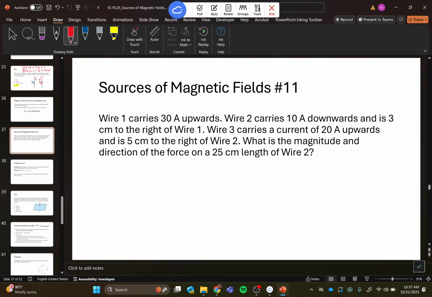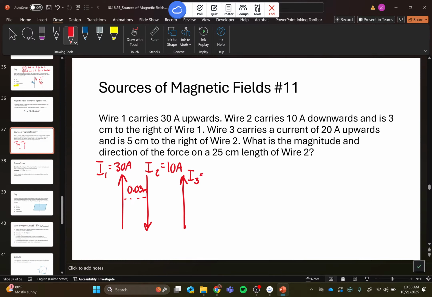Wire 1 carries 30 amps upward. Great, there's wire 1. It carries 30 amps upward. Wire 2 carries 10 amps downwards and is 3 centimeters, 0.03 meters, to the right of wire 1. Wire 3 carries a current of 20 amps upwards and is 5 centimeters to the right of wire 2. So it's a little bit further.